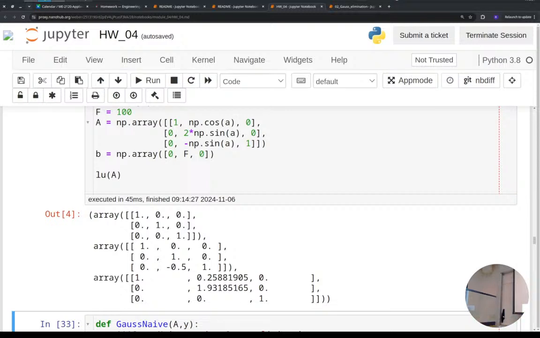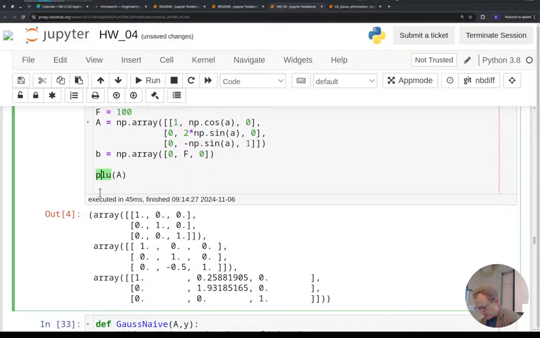Because I have all ones on the diagonal, it's an identity matrix, so there's no pivoting being done. Whether I use naive or partial pivoting, it's going to give me the same answer for this problem. The outputs are a pivot, a lower, and an upper matrix. The upper matrix would be that part of the Gauss elimination, the augmented matrix.